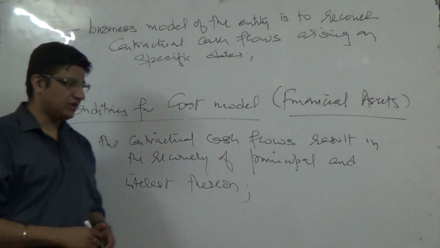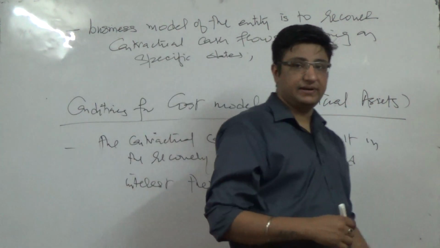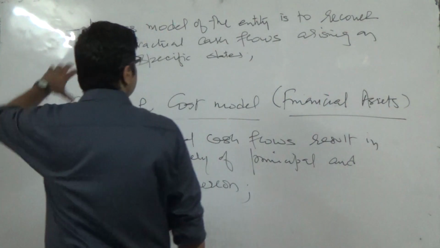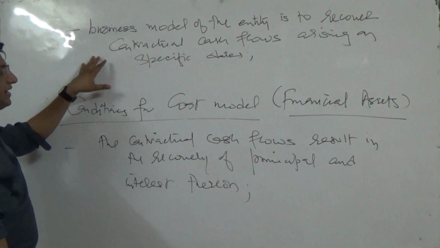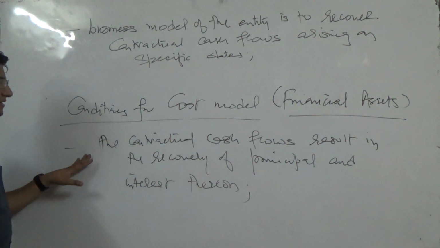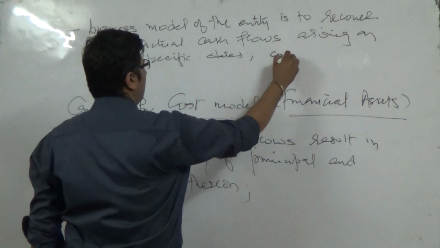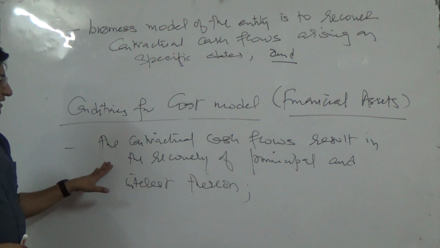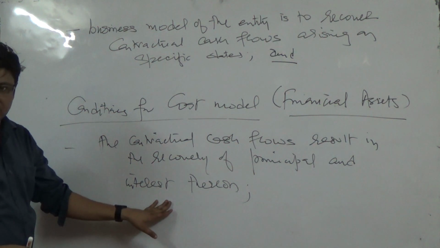Let's try to understand what we are trying to achieve here. Let's look at that carefully. We're saying that the business model of the entity is to recover contractual cash flows arising on specific dates, and the contractual cash flows, we will use 'and' and not 'or', so both the conditions need to be met, and the contractual cash flows result in the recovery of principal and interest thereof.